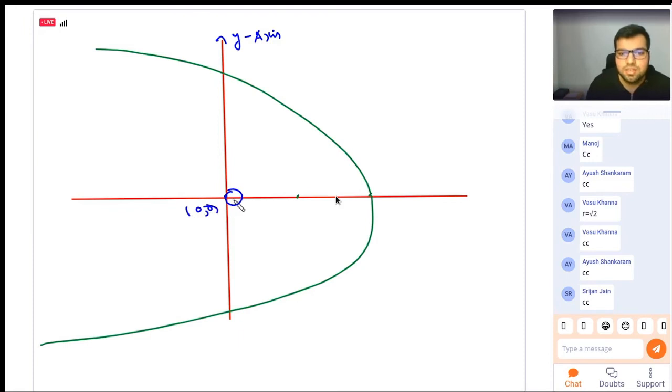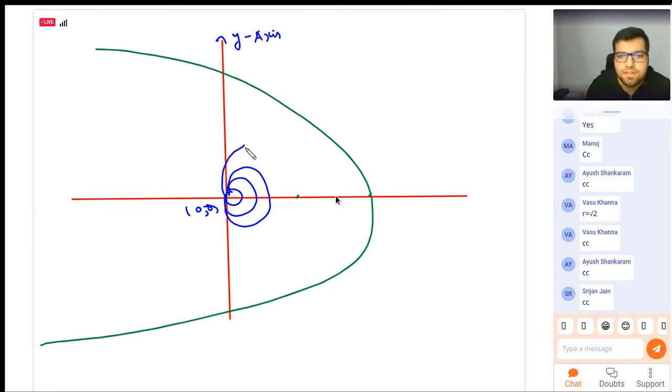Now you go and make a bigger circle. Think of it again. You go and make a bigger circle. Like this, you will keep on increasing the size of the circle until it touches the parabola. Let me draw it.